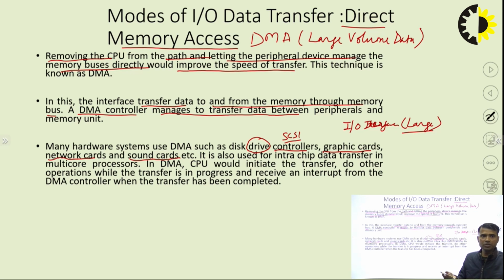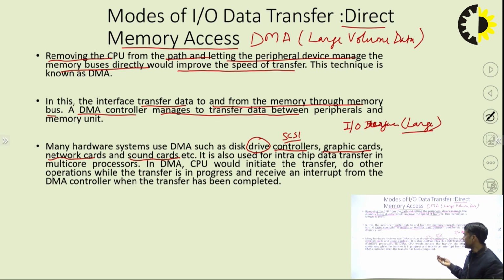Think very simply: transferring megabytes or gigabytes byte by byte under the supervision of the CPU through interrupt initiated IO data transfer will take lots of time, and the CPU is not utilized for other important tasks like arithmetic and logic operations.